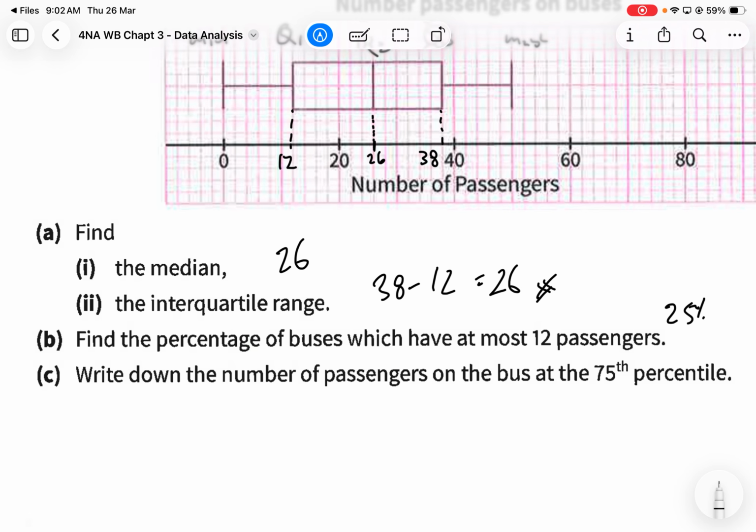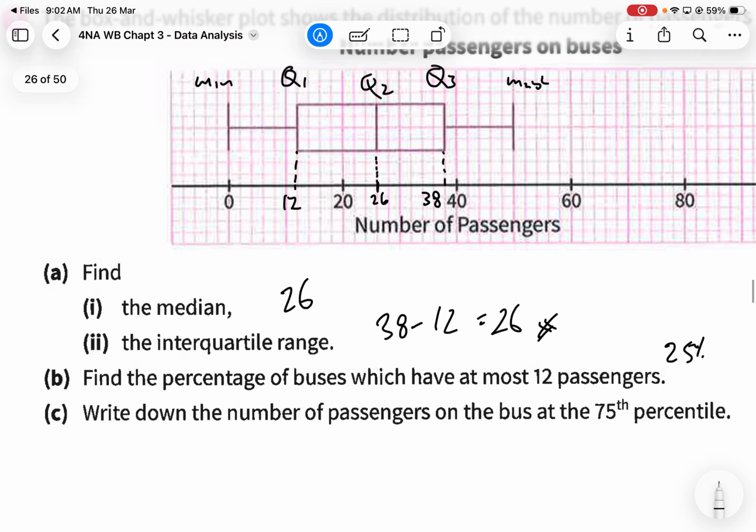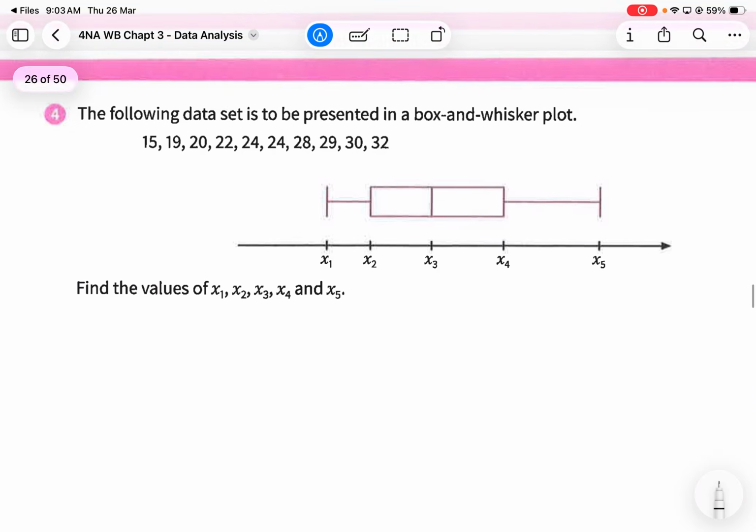If it's not at Q1, if it's in the middle, we will not know how many percent. Only at Q1, that's why we know it's 25%. Then at the 75th percentile, the number of passengers, they are just asking you for the Q3. So they just want you to know Q1, Q2, Q3, median, all these things.